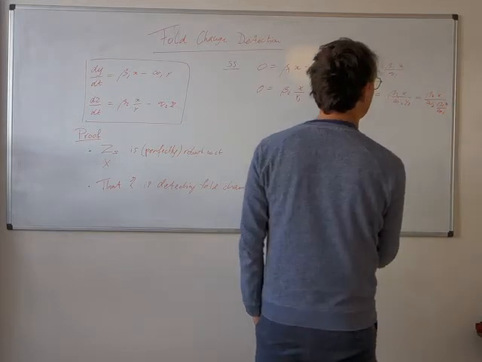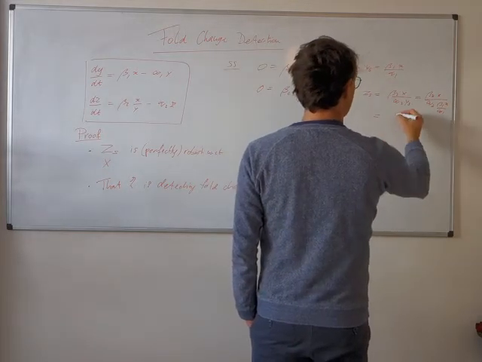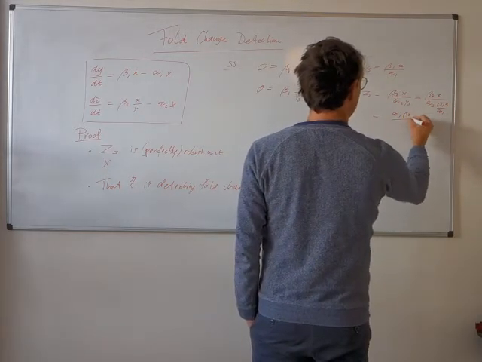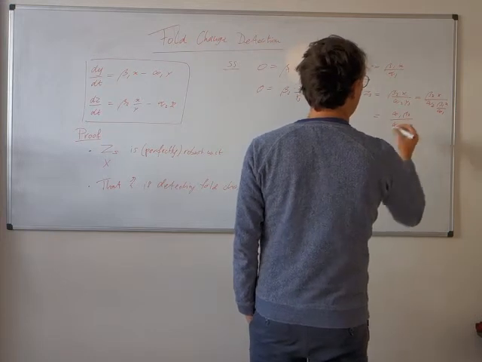It looks like this. And this we can rewrite. So first of all, you see that X disappears. And then you see that you are left with this equation.